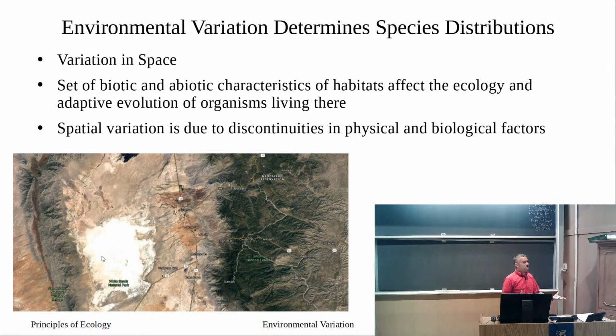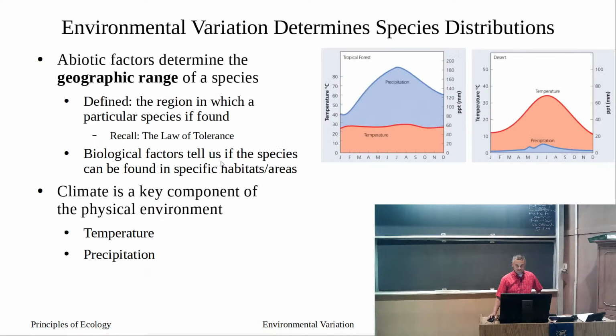You can see the range of variation just from the satellite imagery. You can see your vegetation. There's a lot of vegetation here, all right? But that's only on one side, right? We go to this side, now they really don't have a whole lot of vegetation. That's just going to be bare ground, bare rock. And then you've got the White Sands out there. It's a lot of variation. And all of that is just due to discontinuities, geologic and in some cases, climatic variation.